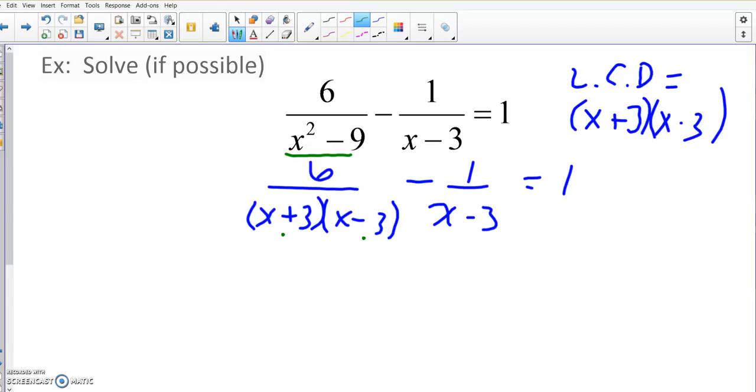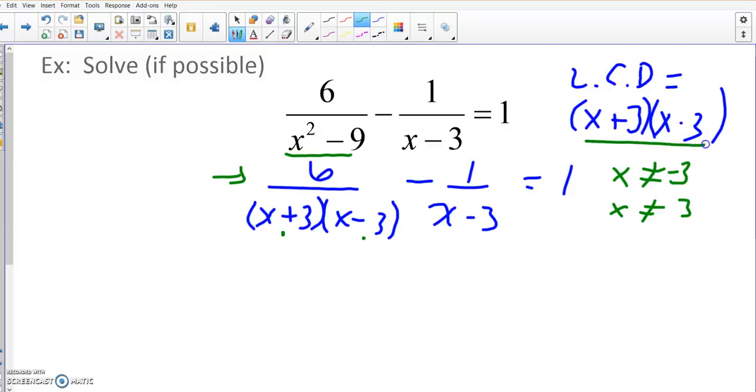So I said that my LCD was x plus 3, x minus 3. Something else I want to think about at the beginning is if we look at this second one in blue that I wrote down, I'm noticing that the x value in the end cannot equal negative 3 and also cannot equal positive 3. So I need to keep those options in mind.